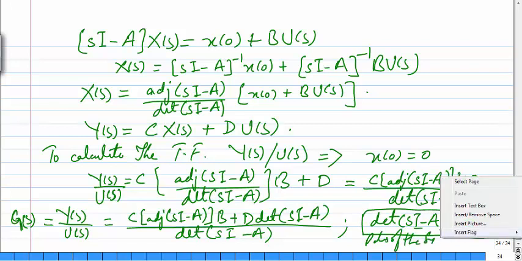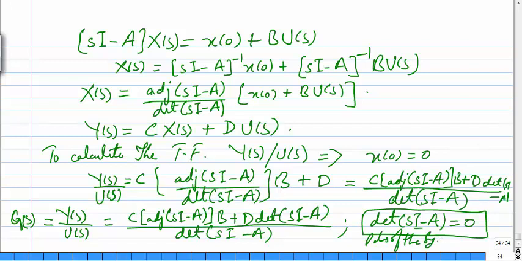So the main idea here is we find the eigenvalues, and those are actually the poles of the system. Now this is what we have for converting into the transfer function.